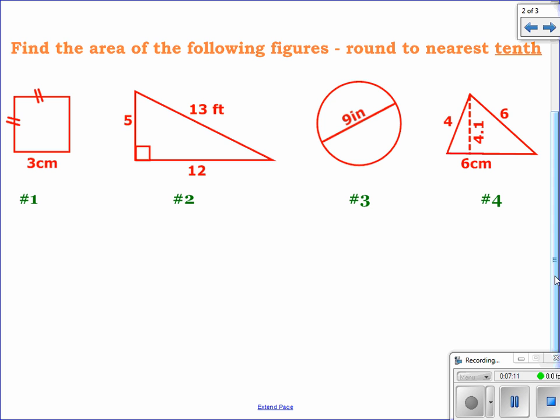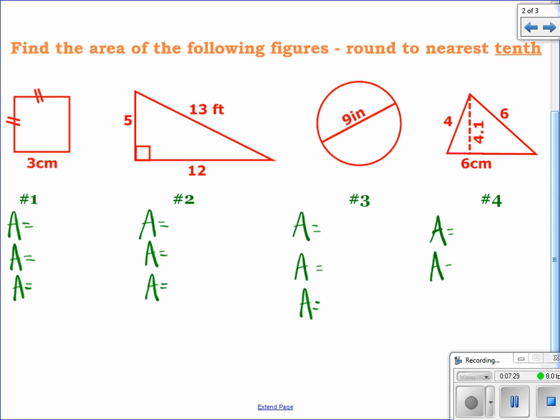And I want to see the 3 lines of work on every single one. Don't forget units at the end. And make sure you're using the correct formulas.